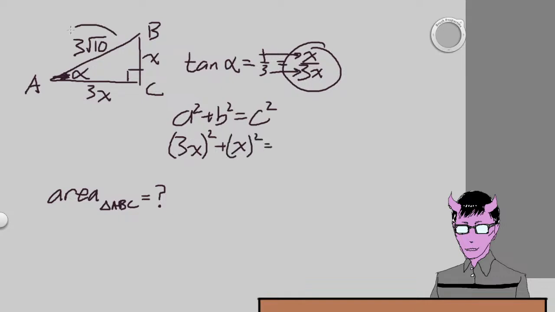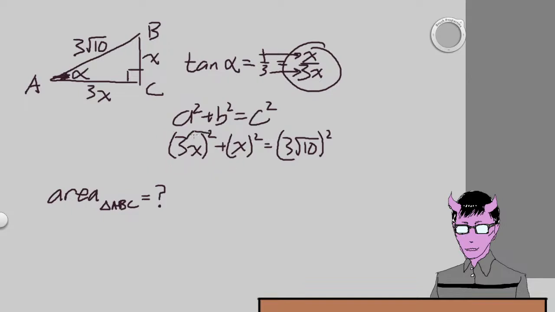And that should be equal to c squared. So look what happens in this situation. If you resolve this and then you resolve this, you will only get x terms, which means we can solve for x since it's a single equation with a single unknown. So let's proceed down this route.